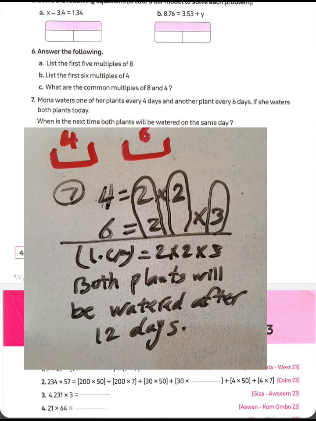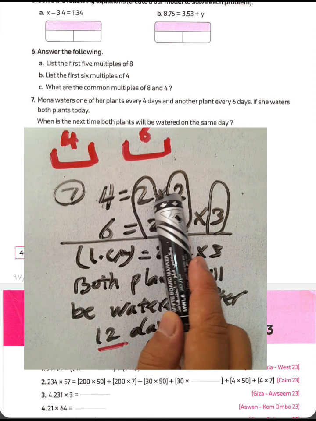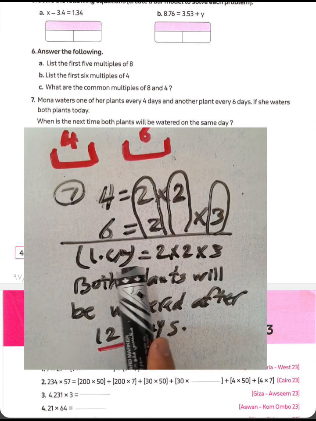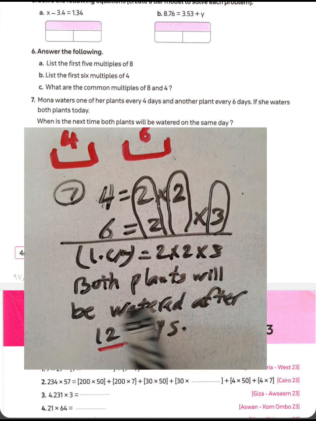To find when she waters both plants together, at 12 days. After 12 days, she will water the plants. Okay, 12 equal 2 times 2 times 3, and 6 equal 2 times 3. Then both plants will be watered after 12 days.